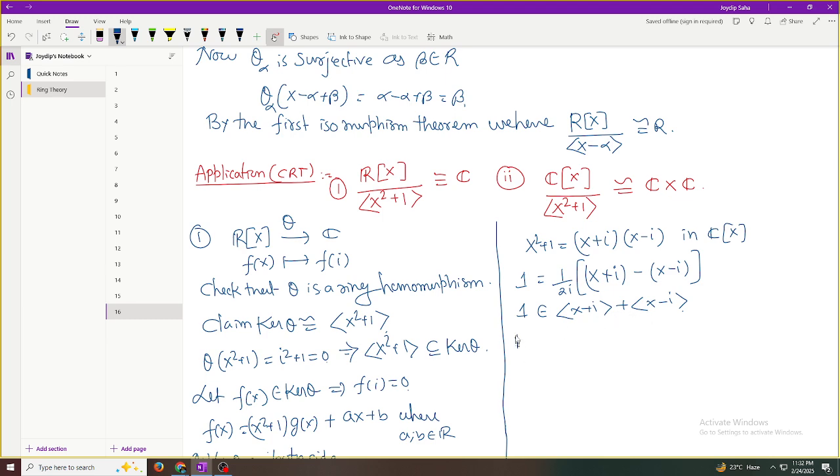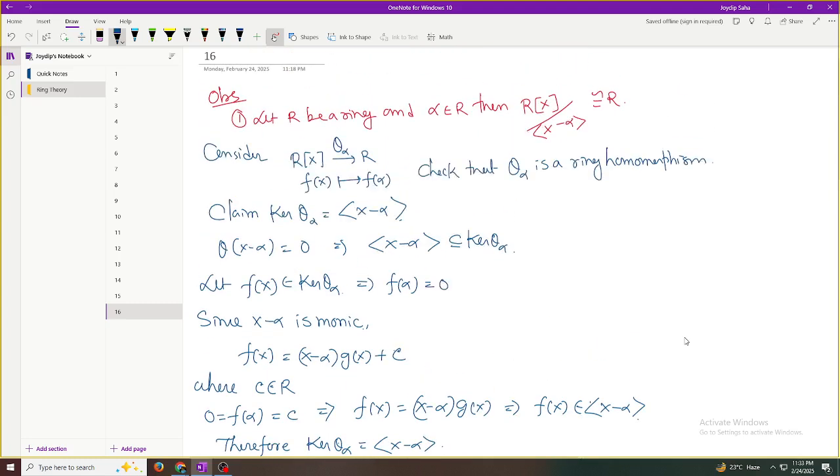By CRT, C[x] quotient x square plus 1 is isomorphic to C[x] quotient the ideal generated by x plus i, cross C[x] quotient the ideal generated by x minus i. Now look at the first observation.